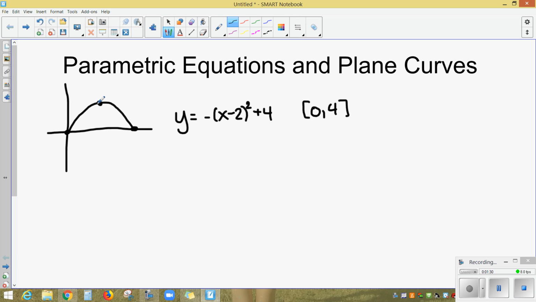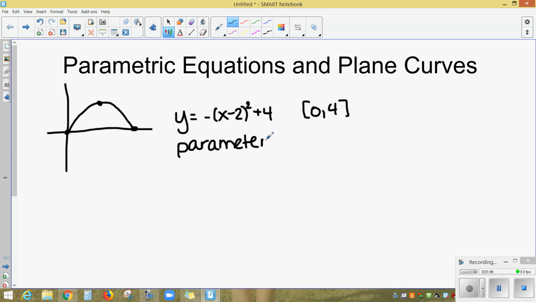Not that it happens at x equals 2 and y equals 4, but at what point in time did it hit that? Or how long did it take to land on the ground on the other side of the field? So when we introduce that third variable, we call that a parameter.